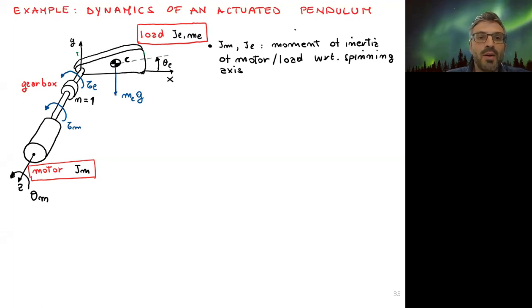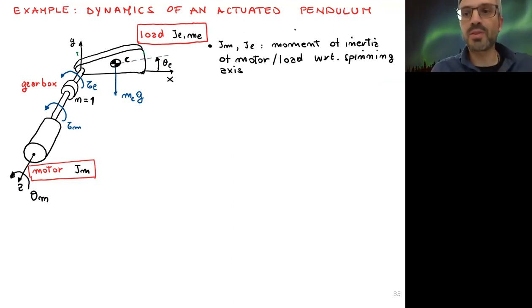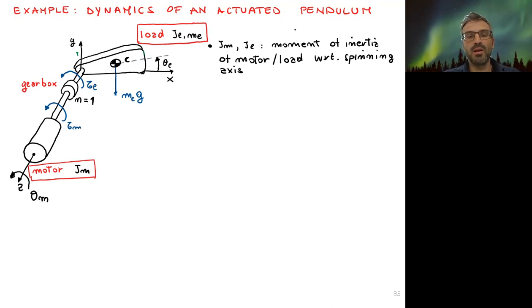Jm is the one of the motor, while Jl is the moment of inertia of the load, with respect to the spinning axis, which we call Z. We see first this simple example with 1 degree of freedom, and then we will do another example with more degrees of freedom, where you will apply the Euler-Lagrange equations.